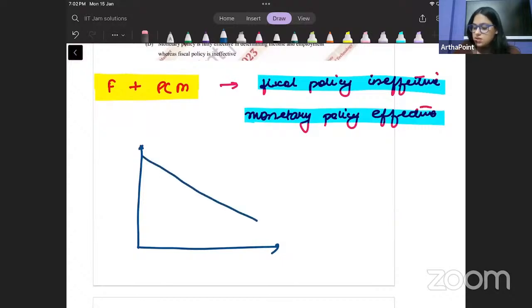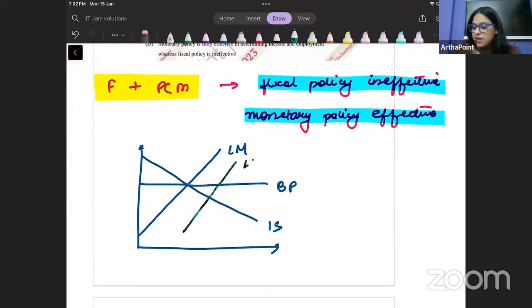So if this is my IS, this is my LM, and this is my BP curve, and it is saying expansionary monetary policy, it means I will go to LM dash. So I will go from point A to point B. At point B, your interest rate in the economy is less. It has decreased, right?